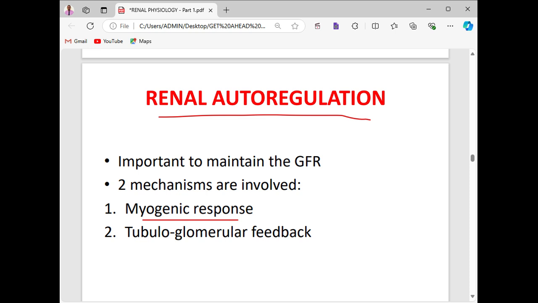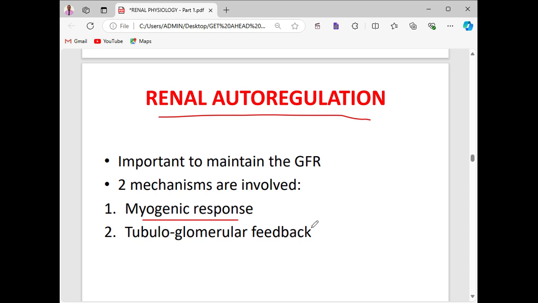And when the blood pressure decreases, the arterioles dilate, and when they dilate, they will increase blood flow. So you'll find that this response, known as the myogenic response, is very important as it helps maintain a relatively constant renal blood flow despite the changes in systemic blood pressure.